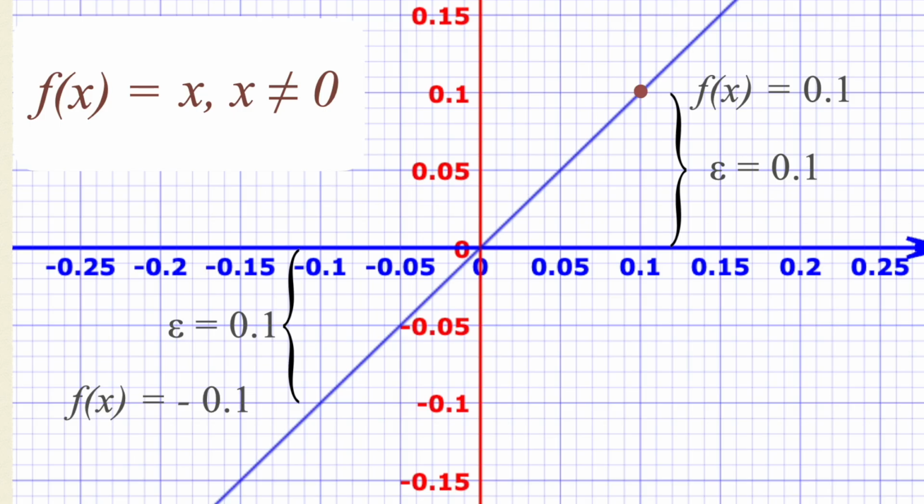Now the x value that corresponds with the positive 0.1 for the function value is also 0.1. And the x value that corresponds to the function being negative 0.1 is also x equals negative 0.1. This would give us a value of delta being the distance our c value is to our x value. So it would be 0.1 in both cases. So we can see that if epsilon is 0.1, then delta is 0.1 as well.